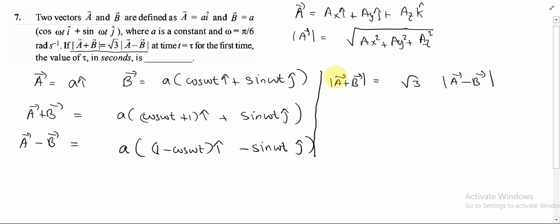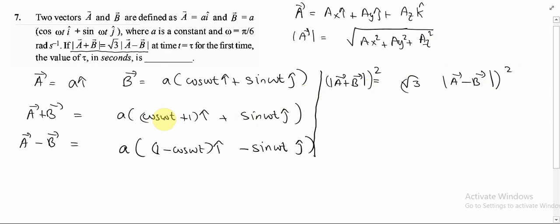Okay, so we have to just square both the sides, LHS and RHS, so you will get modulus of A plus B squared, so the square root and the square will get cancelled, so that will be just ax square plus ay square plus az square.